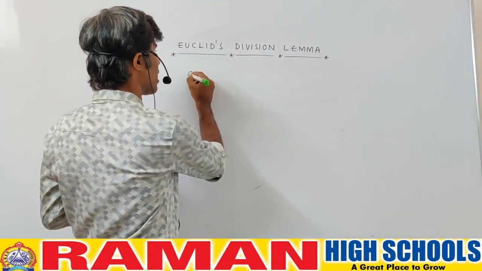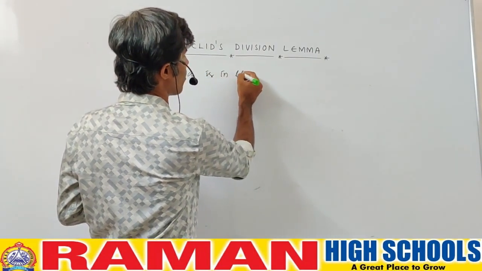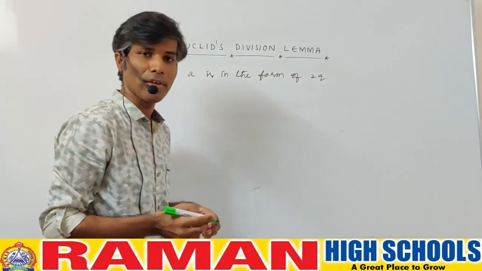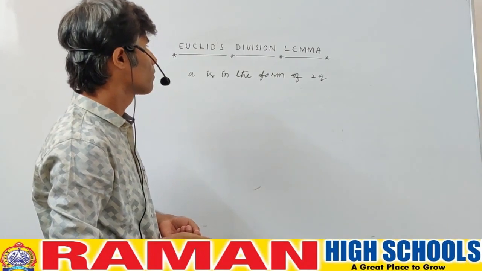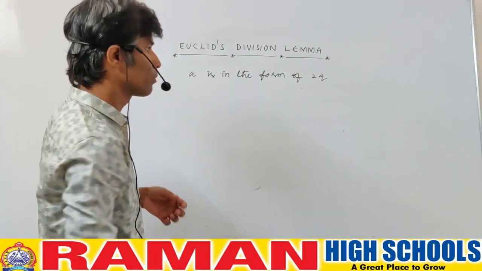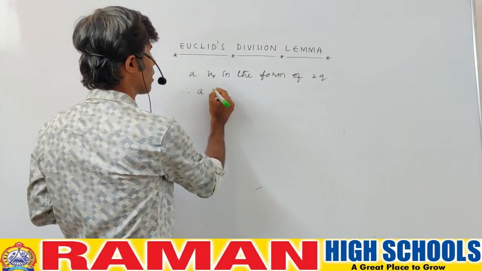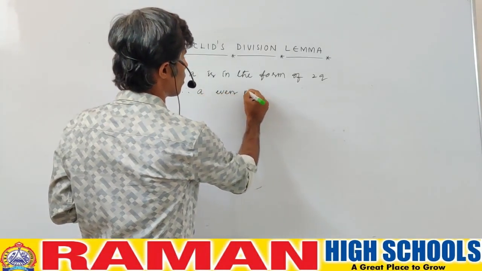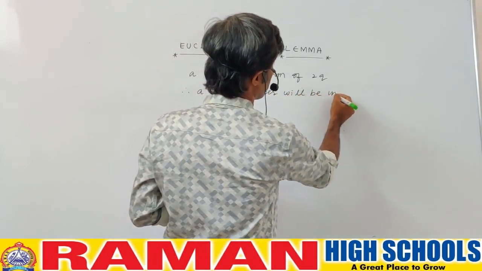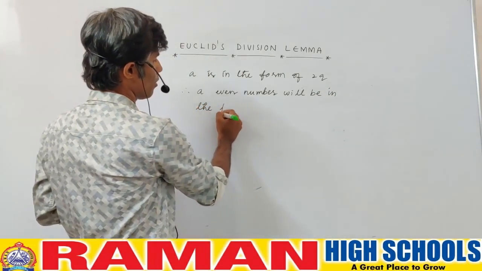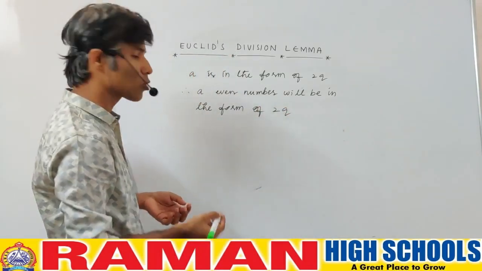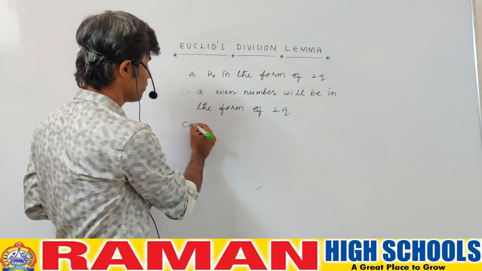Therefore we can conclude that an even number will be in the form of 2q. Let us go with second case 2.